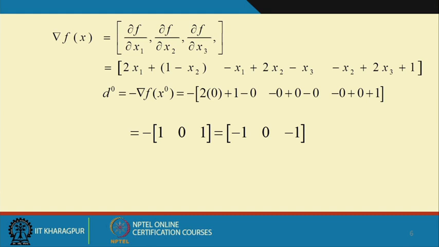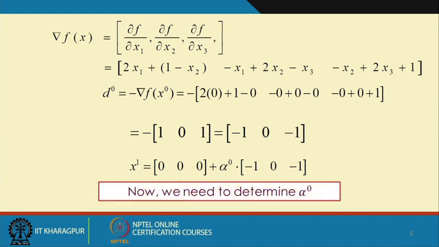If this is so, then my next point would be x0 plus alpha 0 s0. S0 is my direction, alpha is the step length, x0 is the starting point. If we do so, then we get x1 this way.